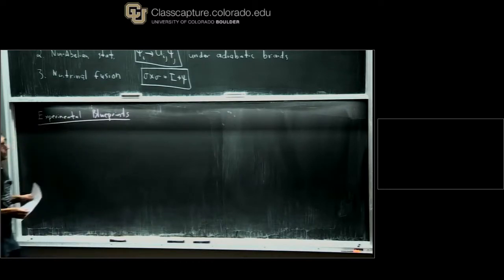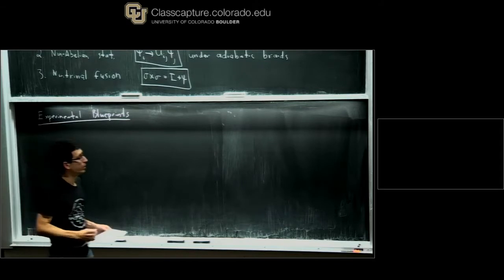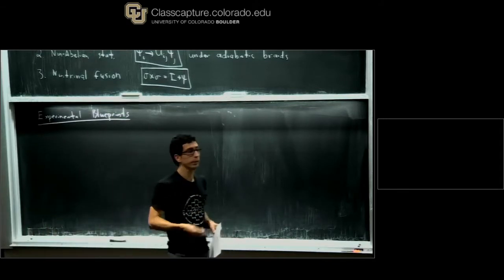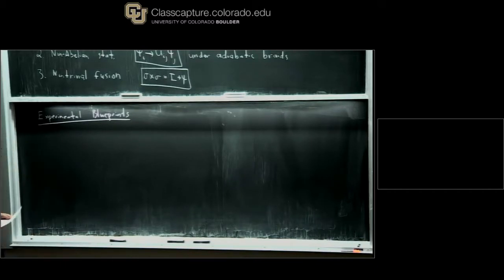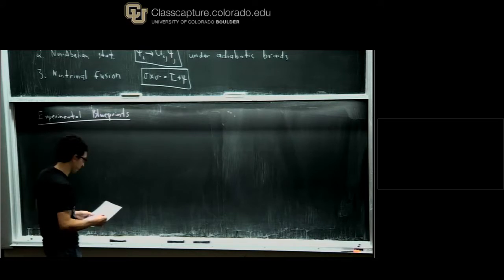All right, so if you want a realization of Ising anyons in topological superconductors, then what you really need is a realization of a one-dimensional spinless superconductor. That's really the essence of what makes a Kitaev chain special.